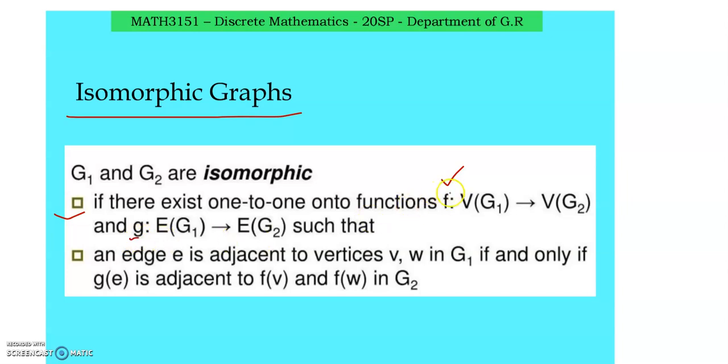The function f is defined from the vertex set of the first graph G1 into the vertex set of the second graph G2.